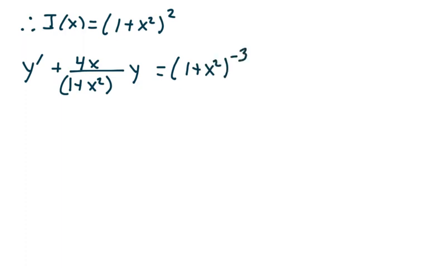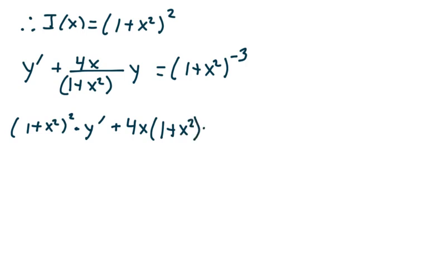And so that says 1 plus x squared to the second times y prime plus, what I get is 4x times 1 plus x squared times y. That's the left side. And on the right side, we get 1 plus x squared to the negative 1.